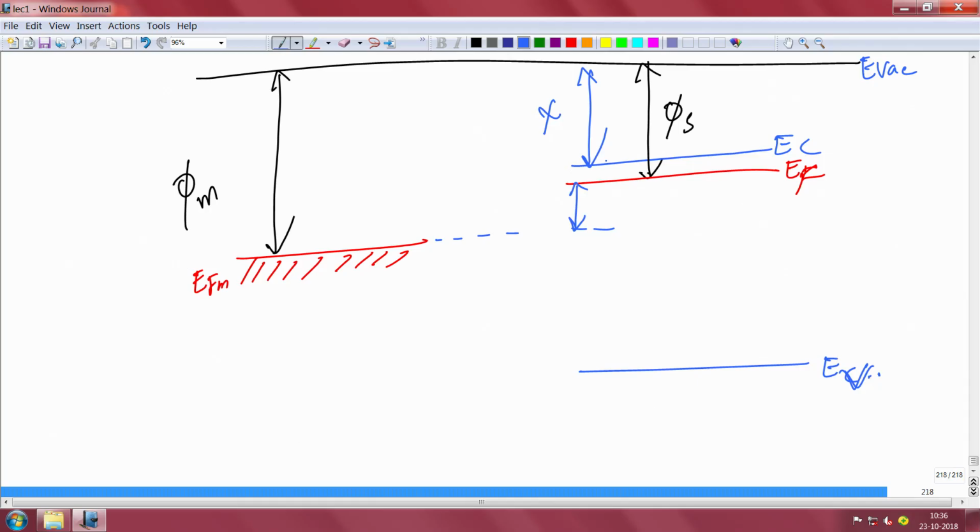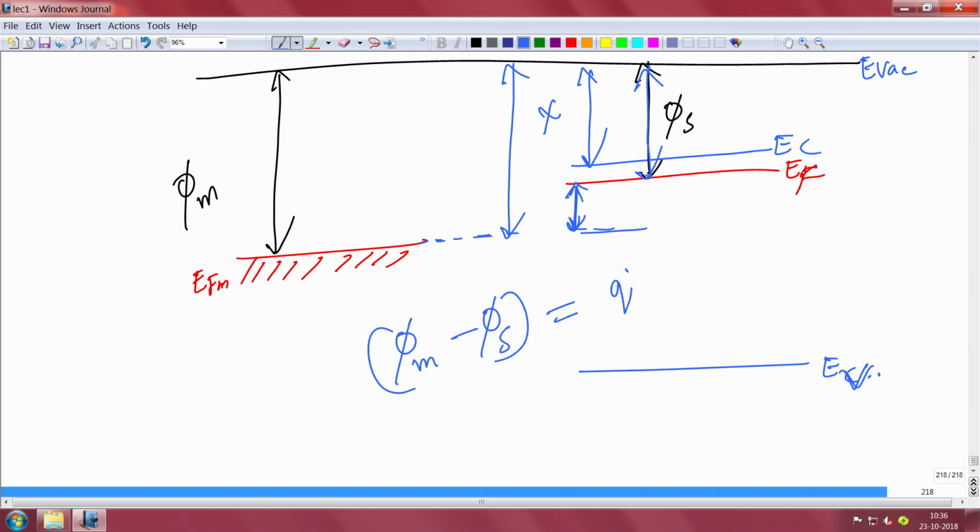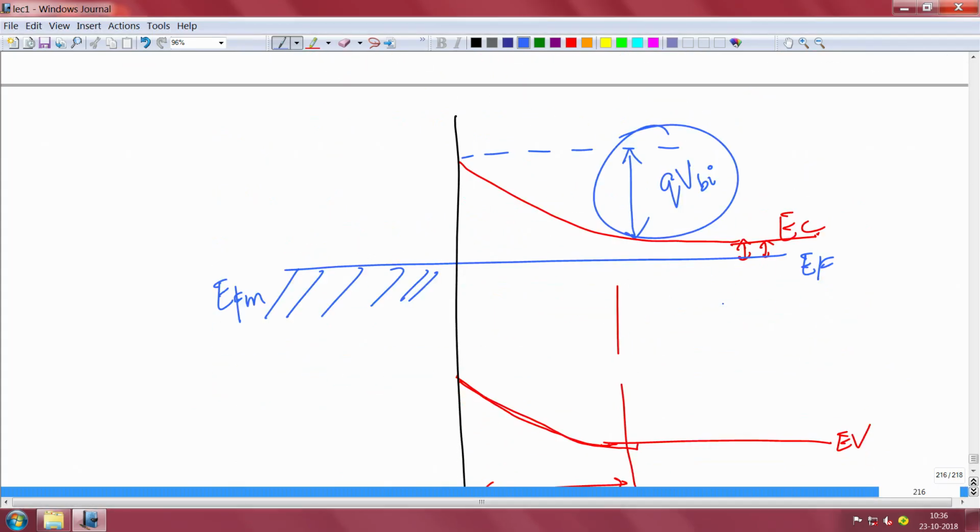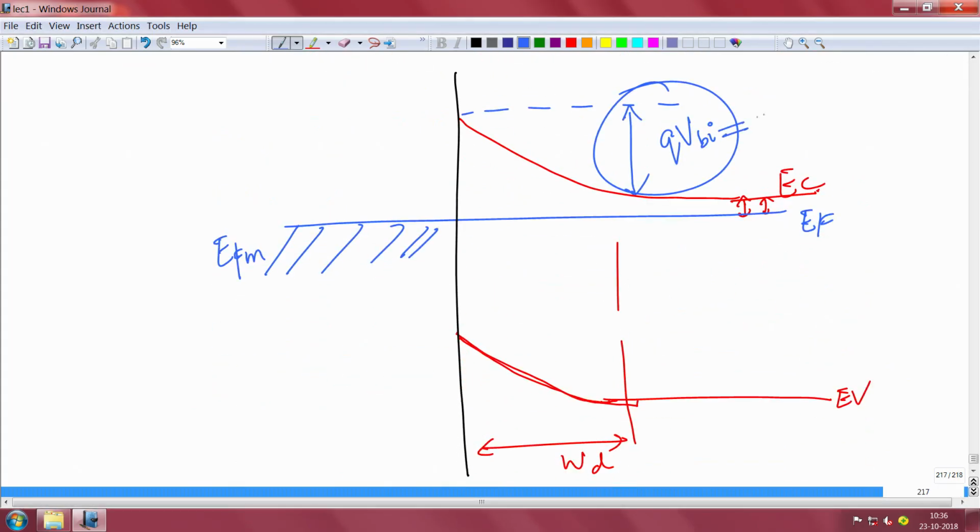You can carefully see that this amount is nothing but this whole thing minus this thing. So, essentially phi_m, the metal work function, minus the semiconductor work function gives you how much band bending has happened, that gives you the built-in potential. That is the first formula you will remember in this. So, the built-in potential is equal to the metal work function minus the semiconductor work function.